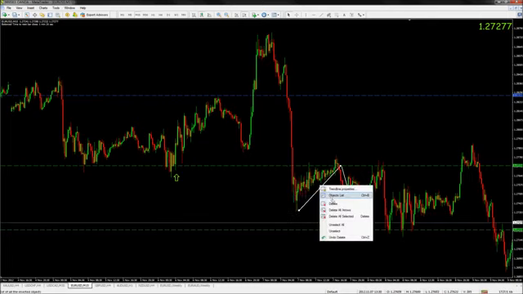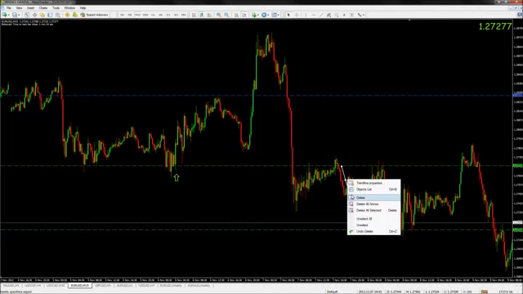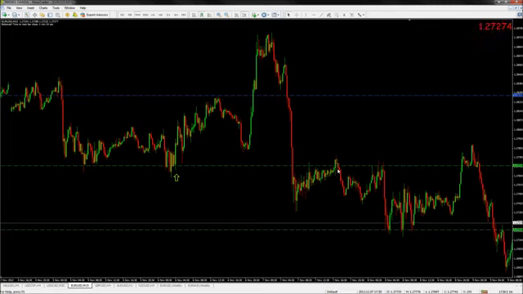So, you're probably wondering to yourself, why does it break down and then come back to retouch? I'll tell you, this is a little tip I've learned about psychology and why support and resistance are very effective. All the people that bought here, okay, they put orders in, they bought around this zone, this 2770 zone, right?